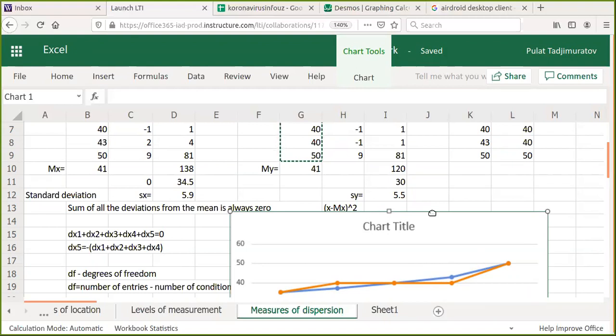So we can say that this standard deviation shows us the amount of change in our data. If you have larger standard deviations, then you can be sure that there are more differences between different data points in your data.